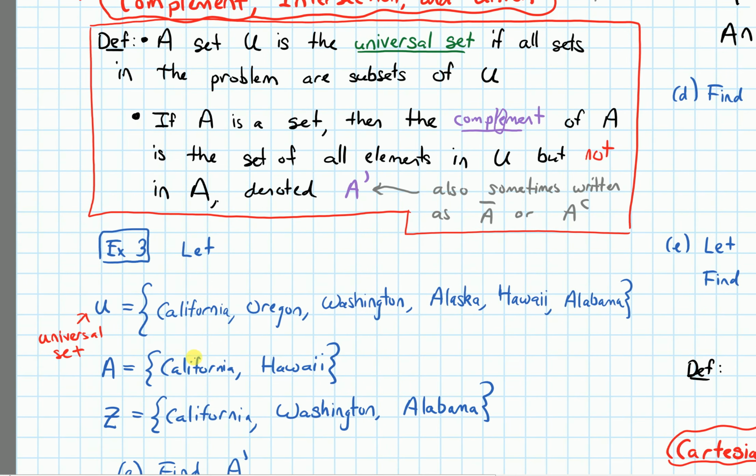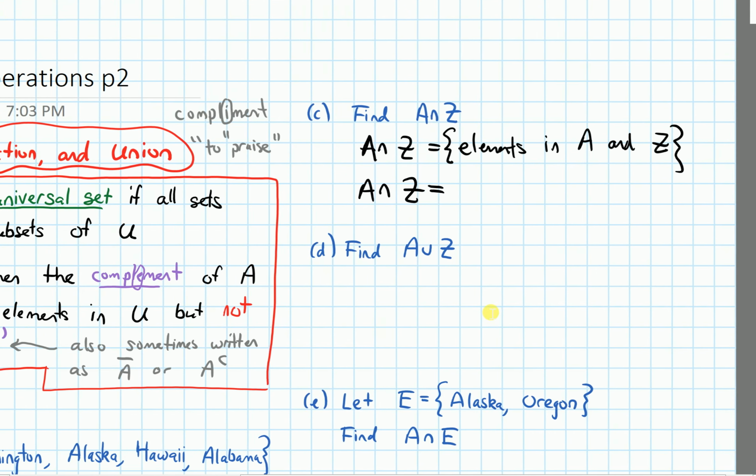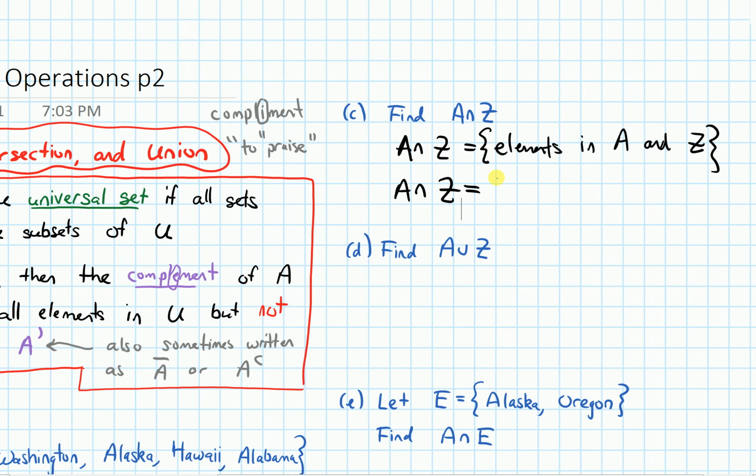So A had California and Hawaii, and Z has California, Washington, and Alabama. And the only element that's in both is California. So that's what's in the intersection. So A intersection Z is the set that has the element California in it. That's the only element that's in both A and Z.